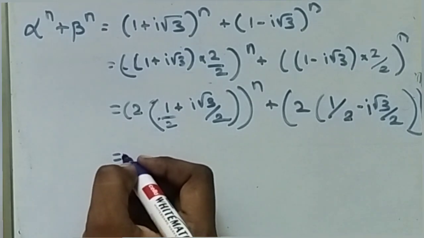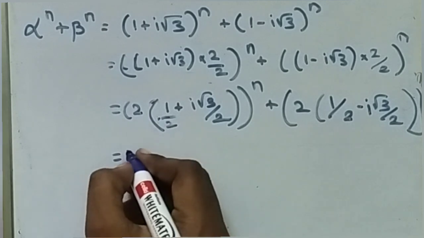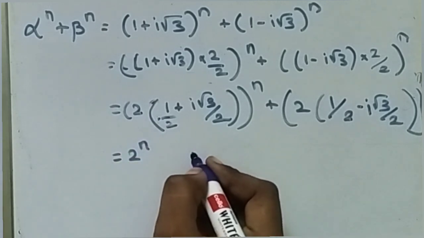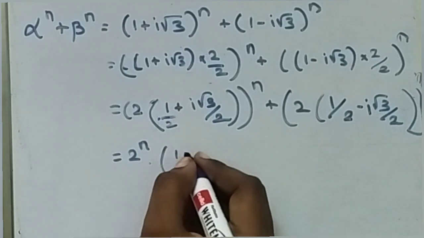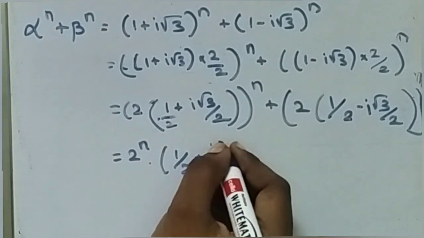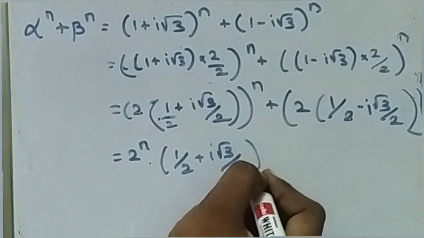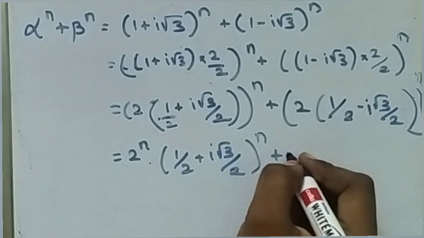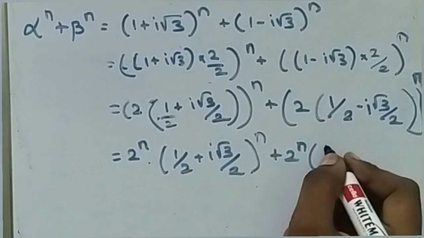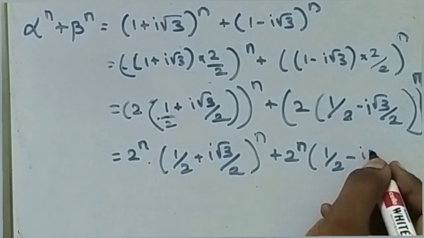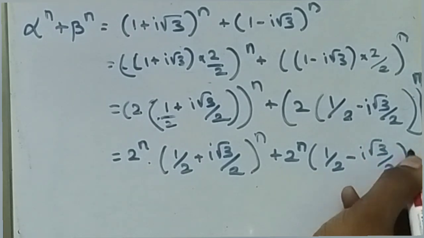Right? So it will become 2 power n multiplied by (1 by 2 plus i root 3 by 2) power n plus 2 power n, here we have n, multiplied by (1 by 2 minus i root 3 by 2) power n.